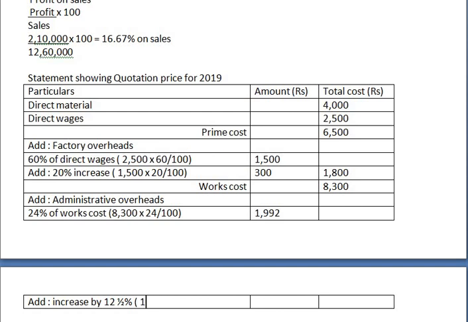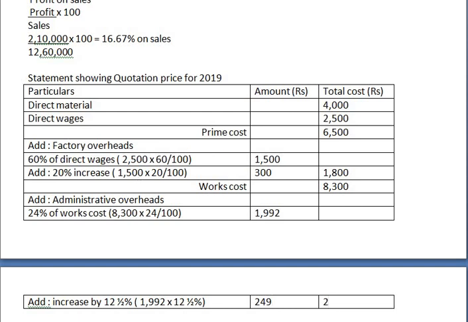Okay, in bracket you can show the calculation. So that is 1992 into 12.5%. Okay, now calculate this. 249. Okay, add this and take it to the outer column.